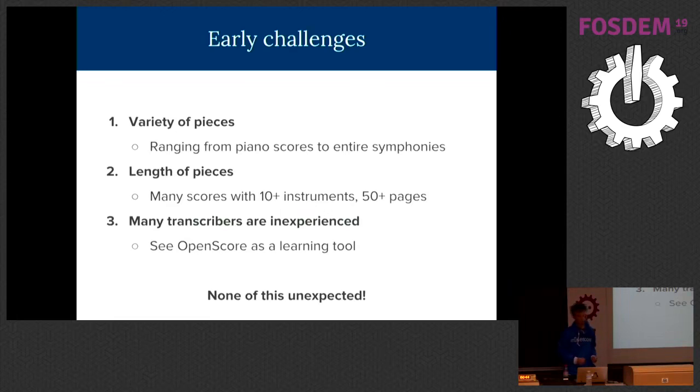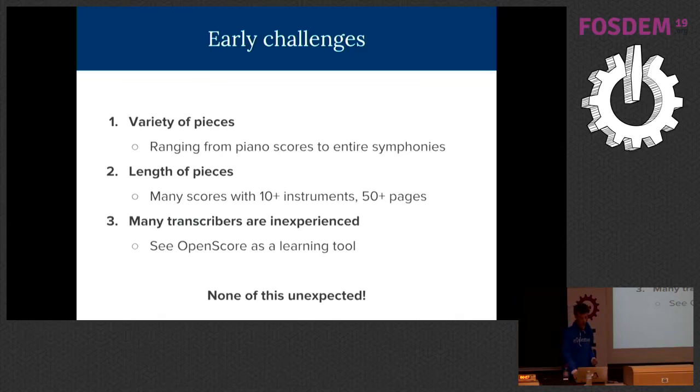And of course, many of the transcribers were inexperienced, and they saw OpenScore as a learning tool: they would do a transcription and then we would give them feedback on it. But this is basically what we were expecting, and we even encouraged it, we wanted to get the well-known works.